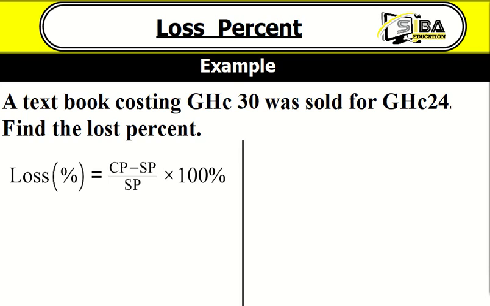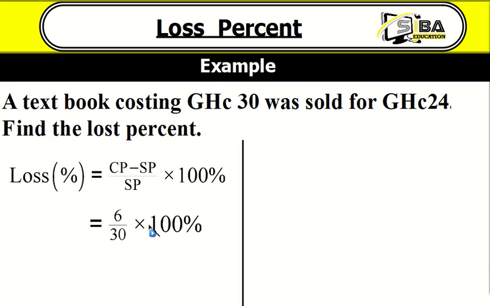Here it is going to be 6, because the difference between 30 and 24 is 6, divided by 30 times 100%.